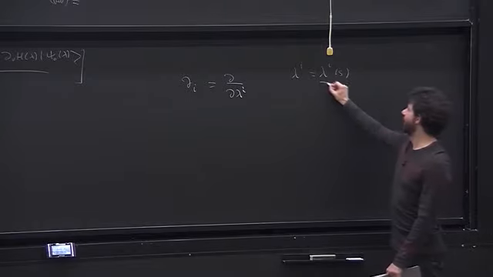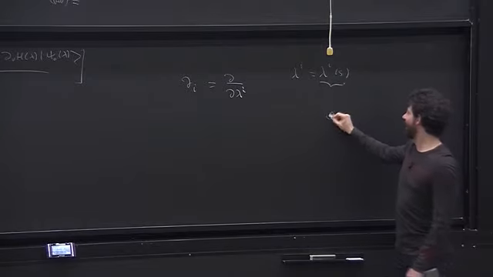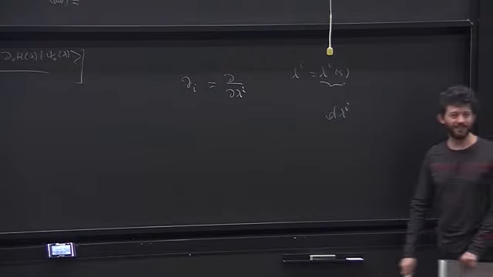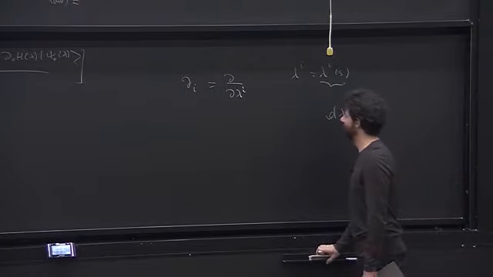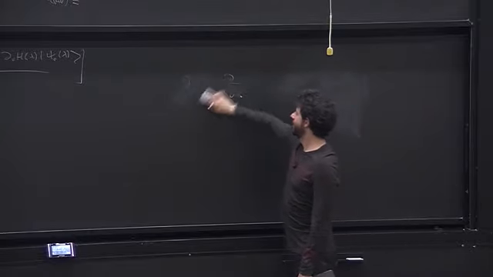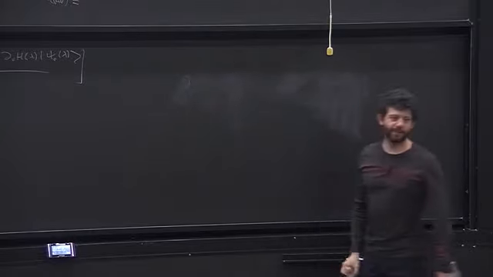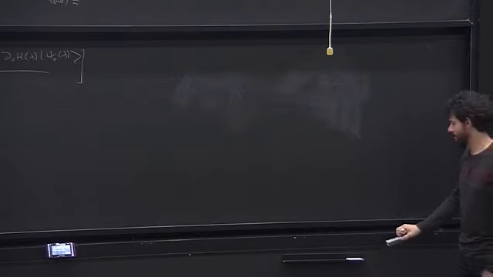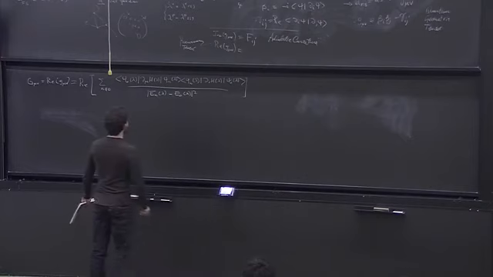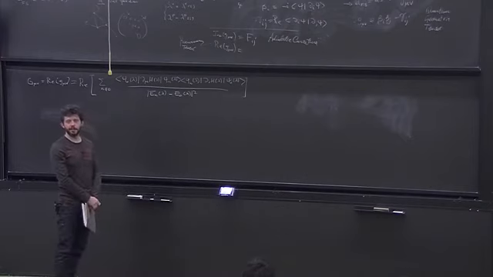Oh, okay, it's d lambda. Sorry for the abuse of notation, I confused S and lambda. Yes, those are d lambda_i, d lambda_j.